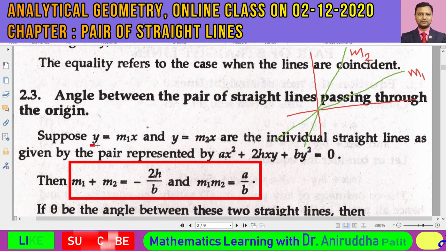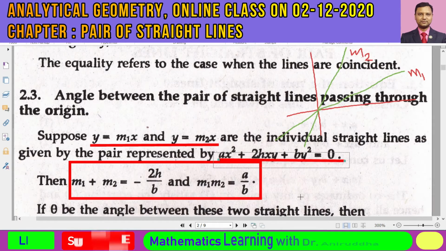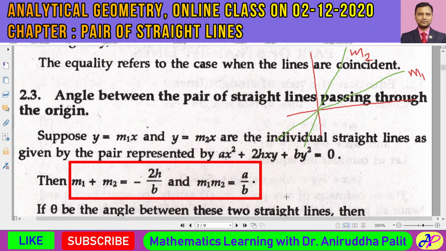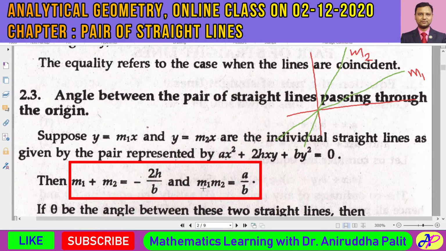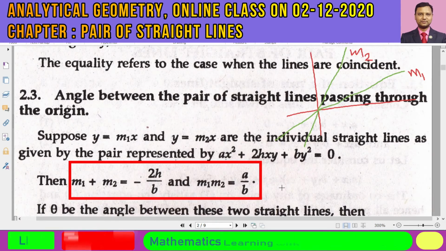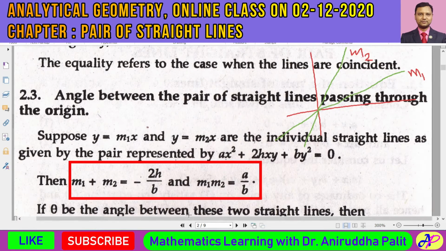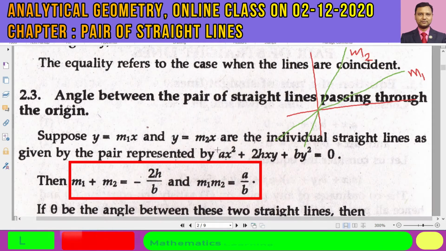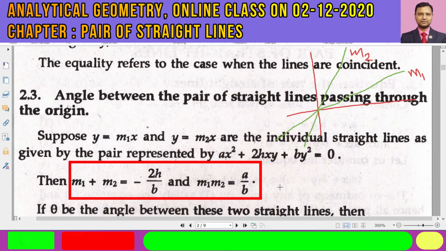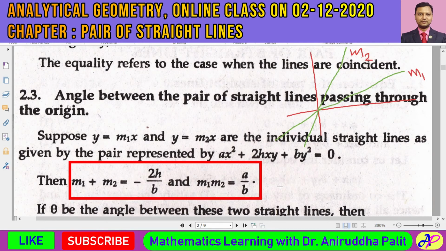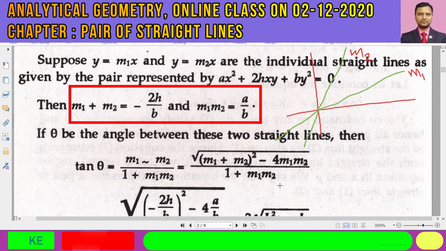We know that if y is equal to m1x and y is equal to m2x are two individual straight lines represented by this kind of purely second degree homogeneous equation, then we have these results: m1 plus m2 is equal to minus twice h by b, and m1 m2 is equal to a by b. These are known results, and in future we use these two as standard formulas. So m1 plus m2 is equal to minus twice h by b, and m1 m2 is equal to a by b.